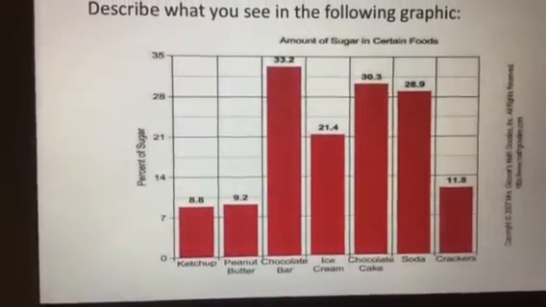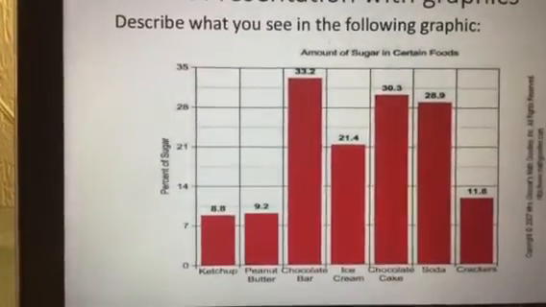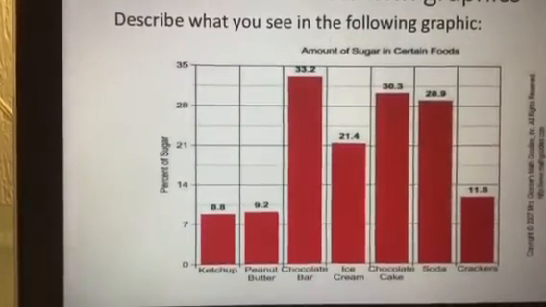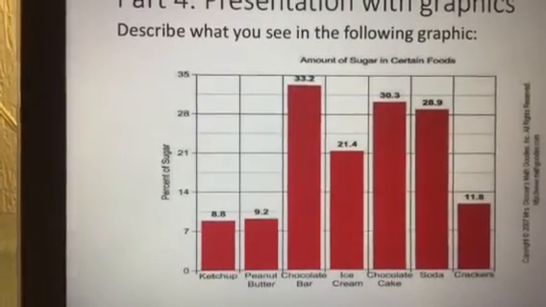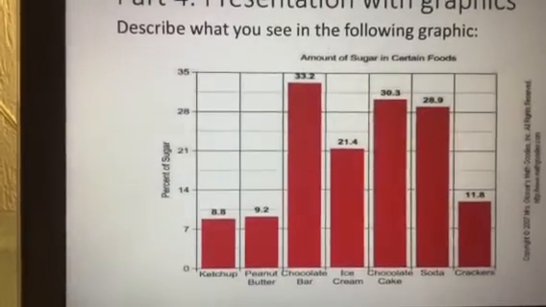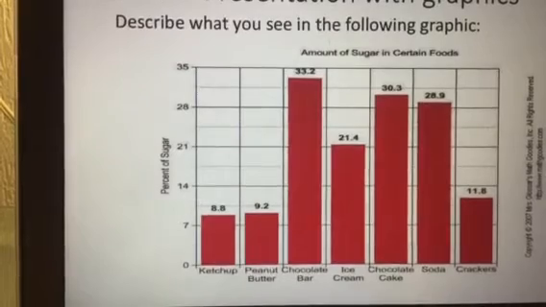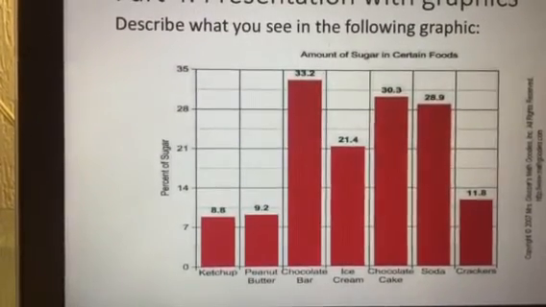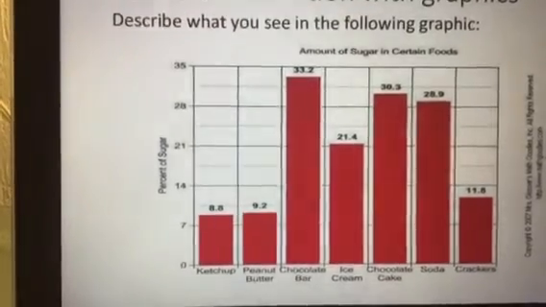Here we're able to see that chocolate bars, chocolate cake, and soda are the ones with the top percent of sugar of all these that we're evaluating. Then we can see that ice cream is right behind these ones, and then we're going to be able to see that ketchup, peanut butter, and crackers are the last three of this graph.